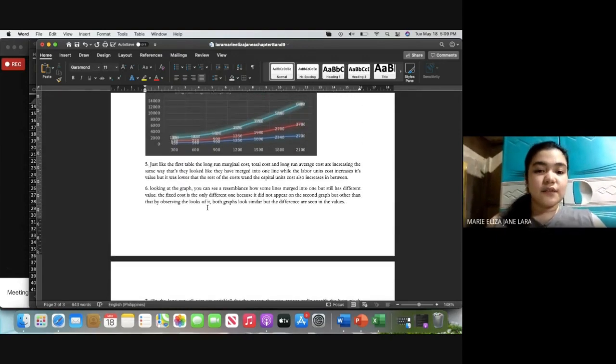Looking at the graph, you can see a semblance of how some lines merge into one, but still have different values. The fixed cost is the only different one because it did not appear on the second graph, but other than that, by observing the looks of it, both graphs look similar, but the differences are seen in the values.